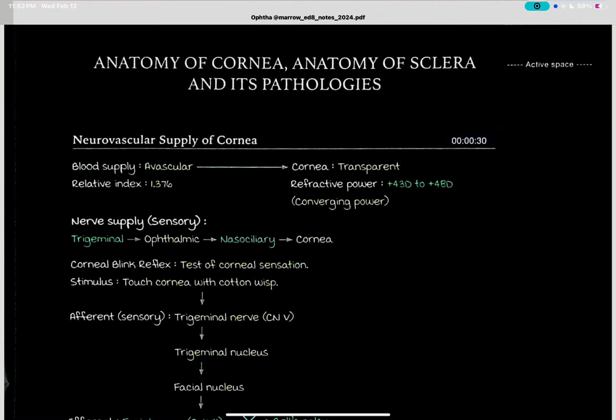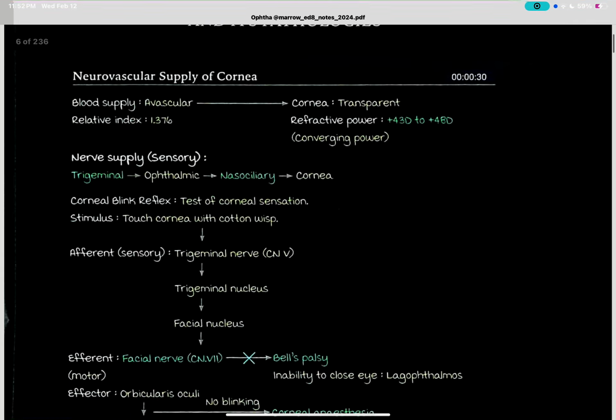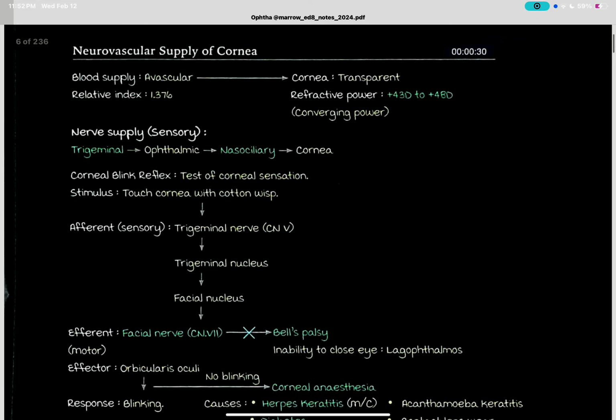Anatomy of cornea, sclera and its pathologies. Neurovascular supply of cornea. It is an avascular structure. Cornea is transparent. Refractive power is plus 43 diopter to 48 diopter, converging power.